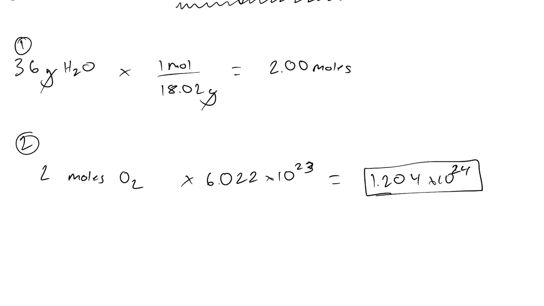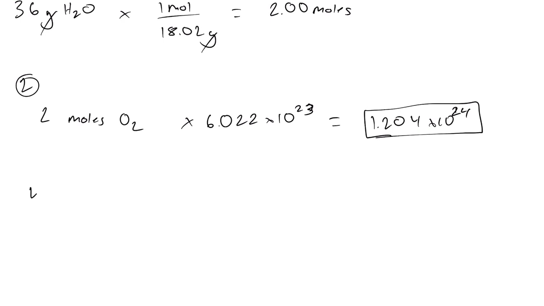Now let's try going from grams to atoms. How many atoms are in 4 grams of helium? Well, we know the molar mass of helium is 4.00 grams per mole.